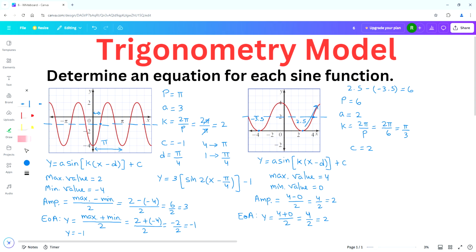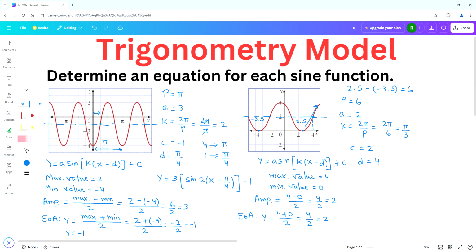If there is no phase shift or no horizontal translation, this point would have been on the y-axis. That means the phase shift for this function is 4 units to the right because this point has an x coordinate equal to 4. So the d value is positive 4 because the phase shift is to the right side.